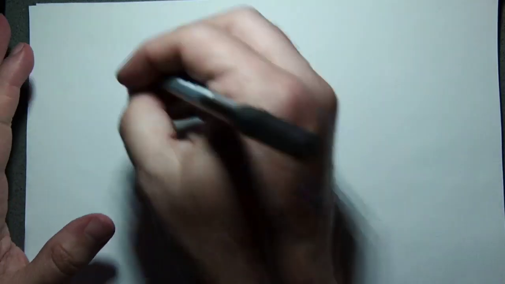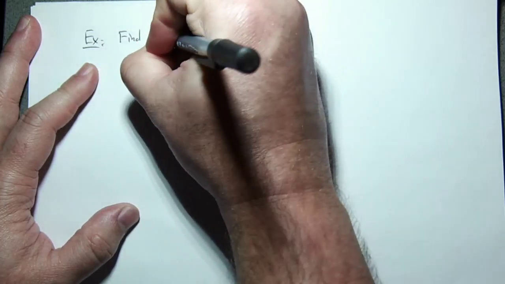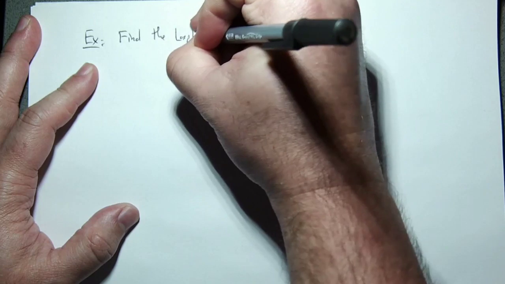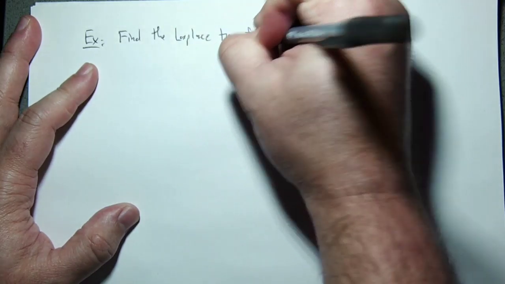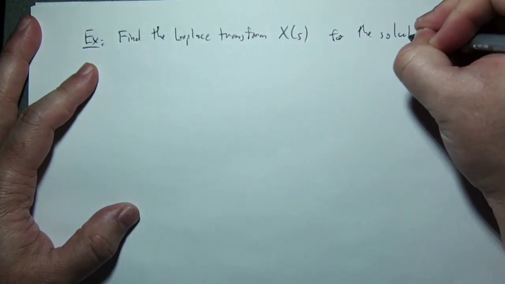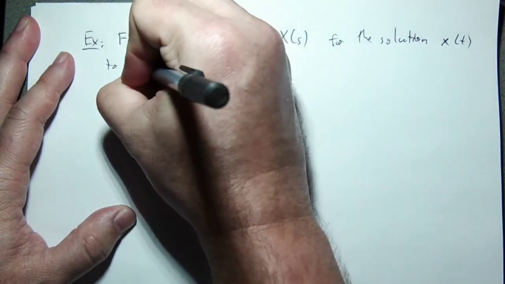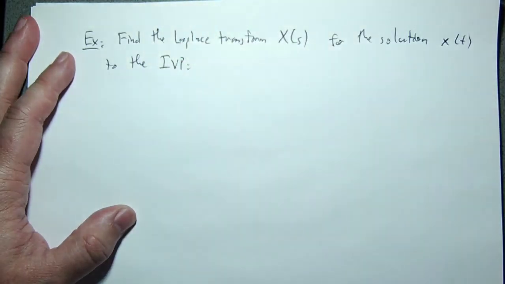Okay, so the examples in question. Where's my first example? There it is. Example: find the Laplace transform big X of S for the solution little x of t to the IVP, which is given as follows.